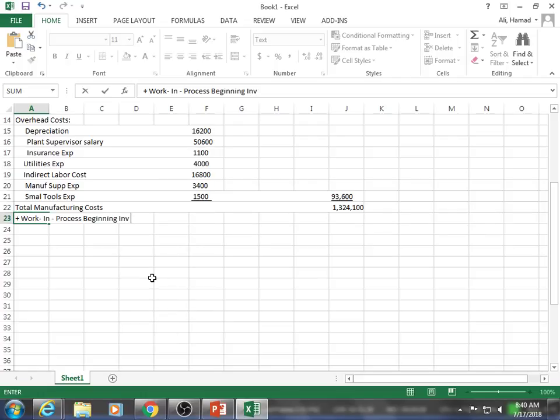All right, how much is it? Work in process, beginning inventory. 697,300. Yes, 697,300. All right, so let me underline that.